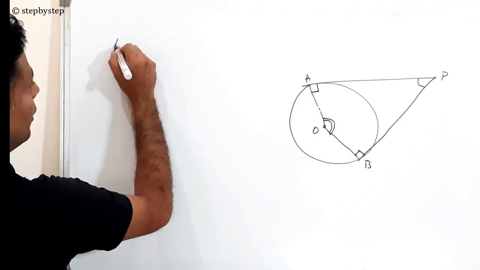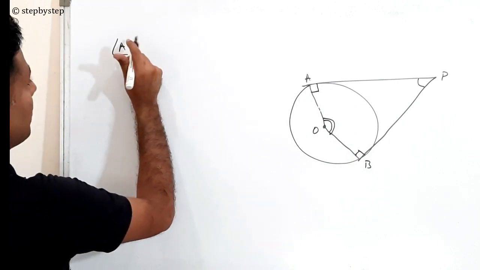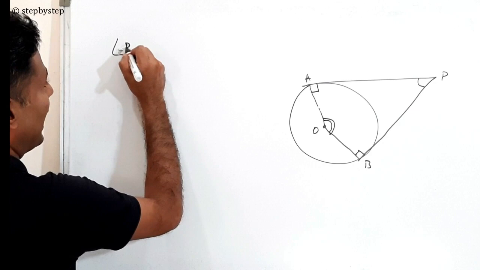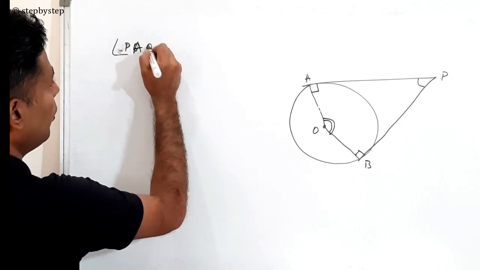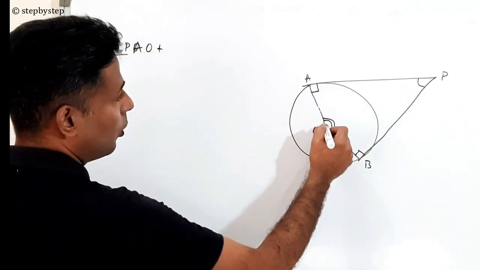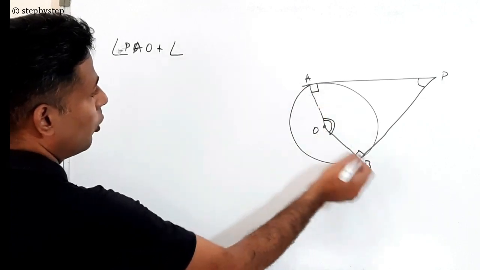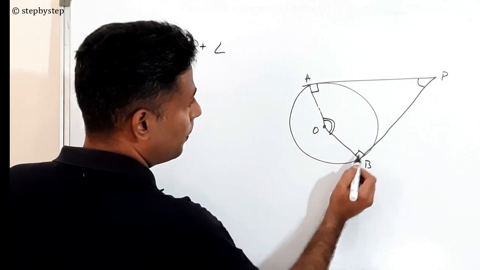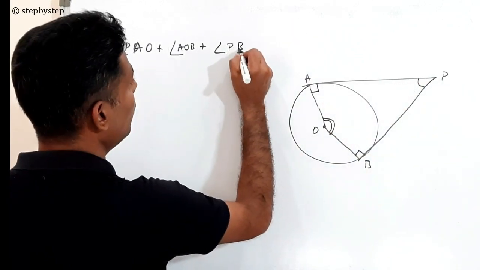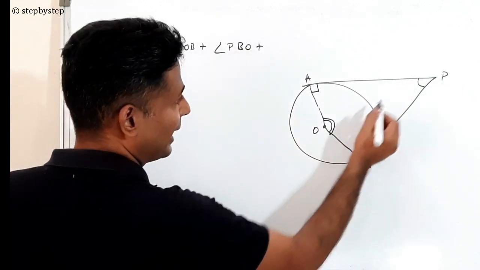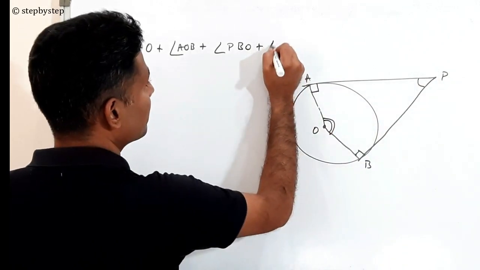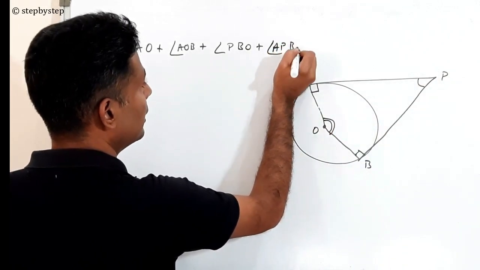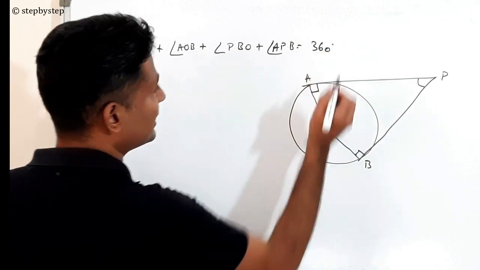What do we have? We have angle PAO plus angle AOB plus angle OBP or PBO, whatever you can write it as, plus angle APB is equal to 360 degrees. Why?